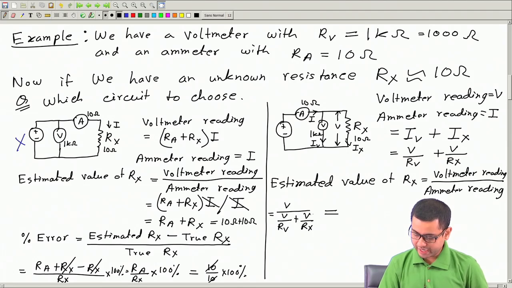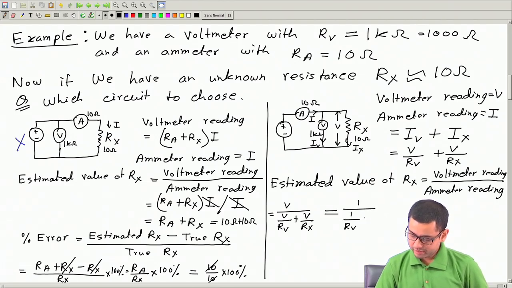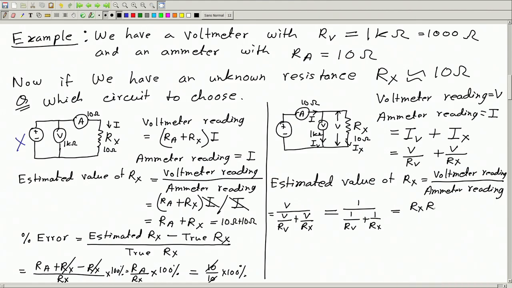So V you can cancel from numerator and denominator, so this will become 1 over 1 by RV plus 1 by Rx. So this is nothing but Rx RV divided by Rx plus RV, which is nothing but the parallel combination of Rx and RV.